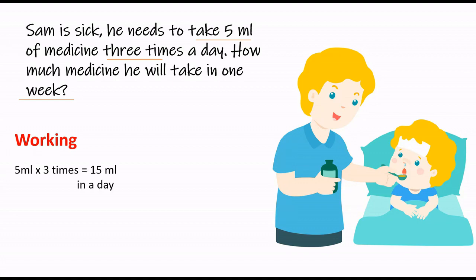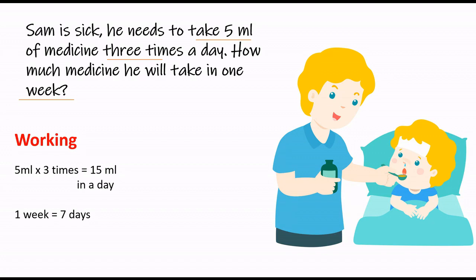5 ml of medicine he needs for 3 times. So we need to multiply 5 times 3 and it is going to give us 15 ml. So this is the amount of medicine which Sam needs to take in 1 day. Let's calculate for 1 week.